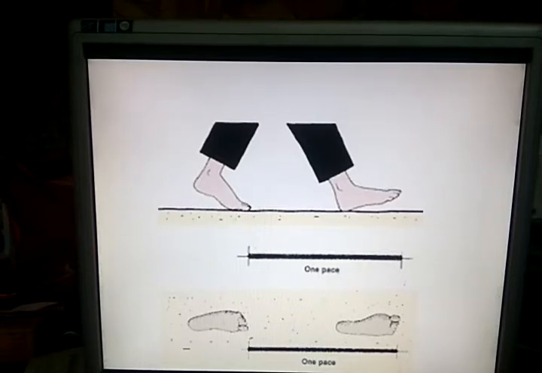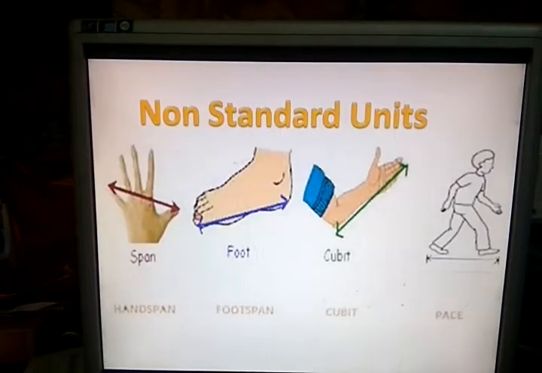But measurements taken by these object units like handspan, foot span, cubit and pace are not accurate and consistent.